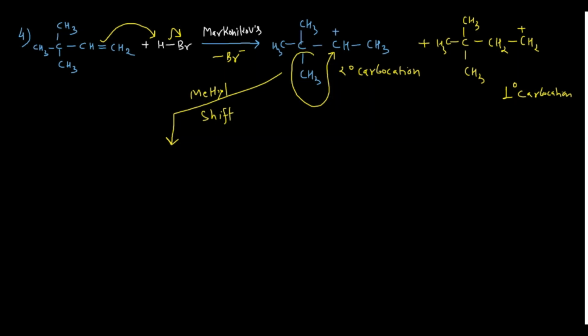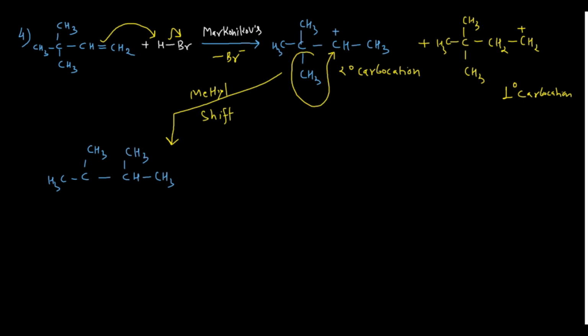Now let us write that structure with blue color again. Carbon, CH3, CH3, CH was already there, CH3 was already there, and due to the methyl shift, this carbon now carries this methyl here because it has shifted here.